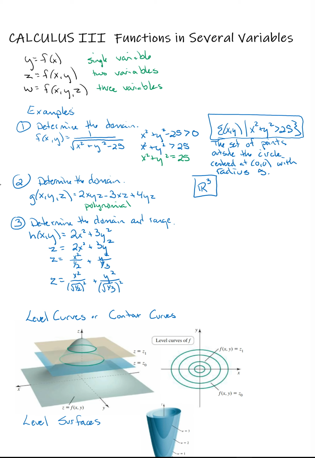Now, why did I go through all that trouble? Because at this point, hopefully it looks familiar. This should look like z is equal to x squared over a squared plus y squared over b squared. And hopefully now you recognize this. It is an elliptic paraboloid.